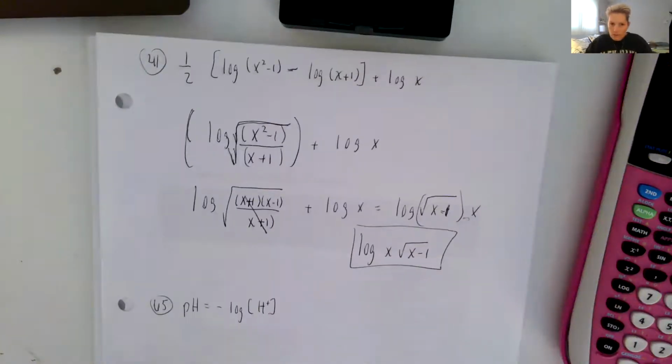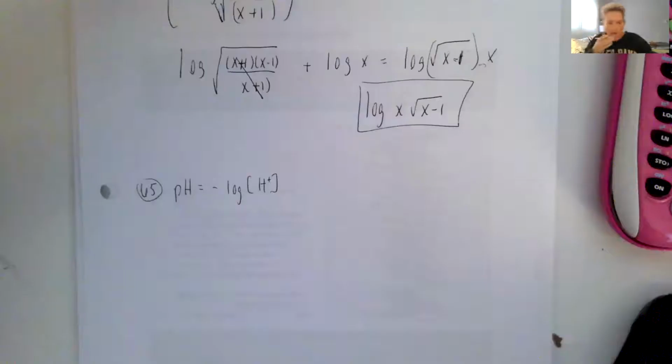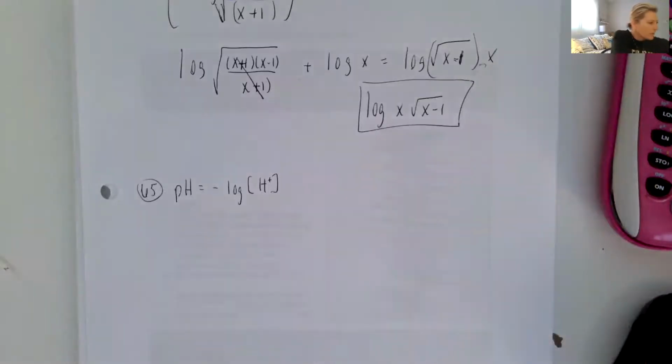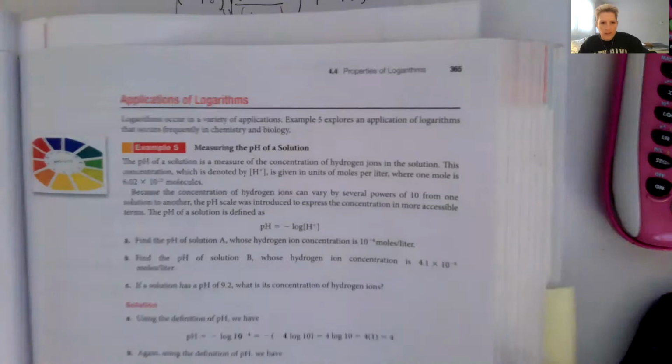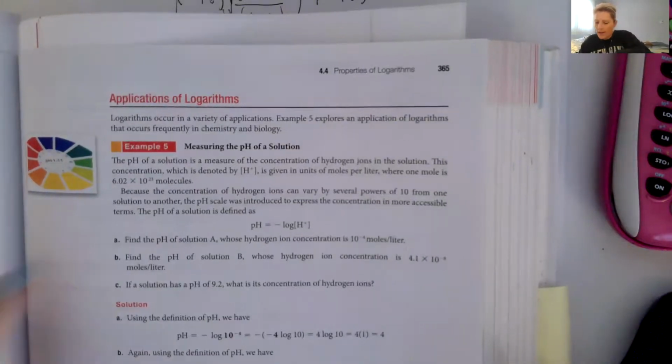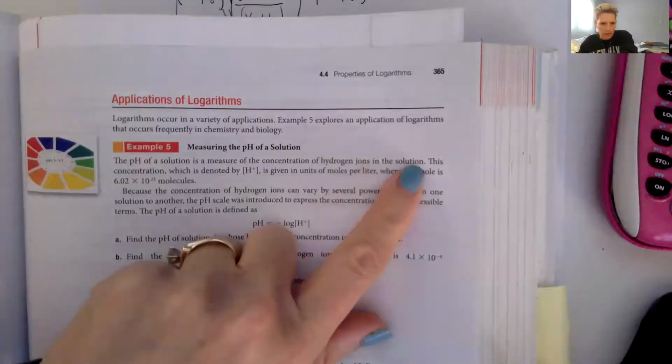The last two problems that I want to look at have to do with the pH of a liquid. So if you go to the end of the lesson on page 365, it talks about pH of a liquid, of a solution. The pH of a solution is a measure of the concentration of the hydrogen ions in the solution.